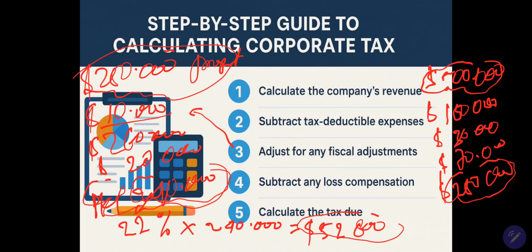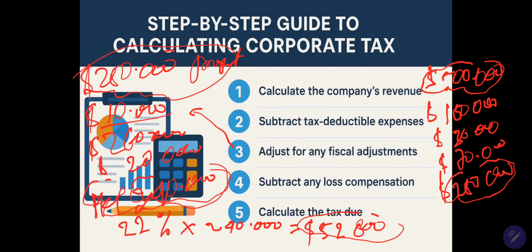It was previously 25%, but the government lowered it to 22% to support business recovery and competitiveness. There was also a plan to reduce it further to 20%, but that hasn't been implemented yet. So when I used 22% in the example, it was based on the current standard rate for corporate taxpayers in Indonesia.